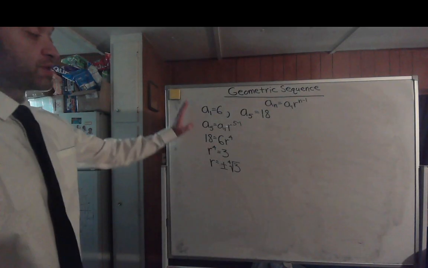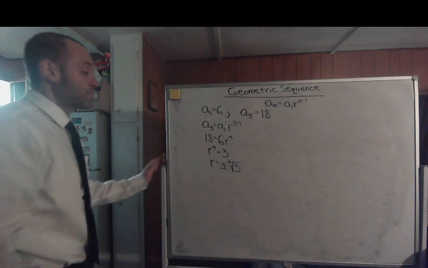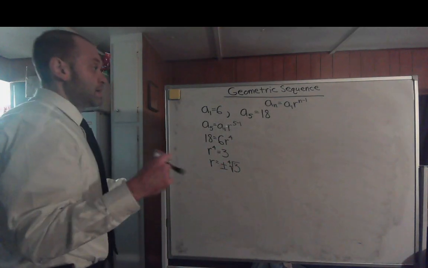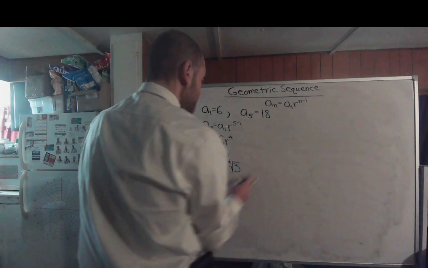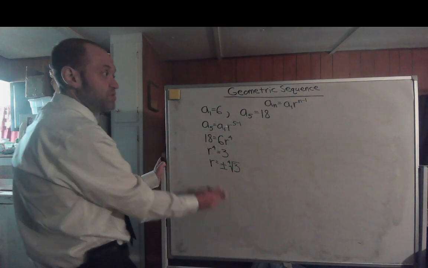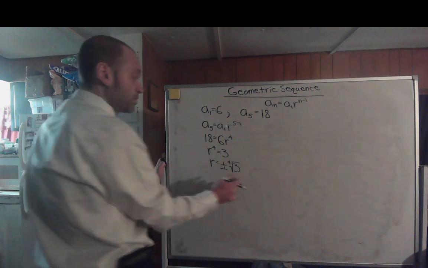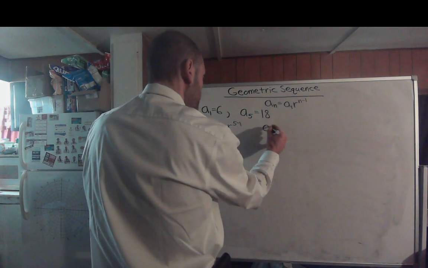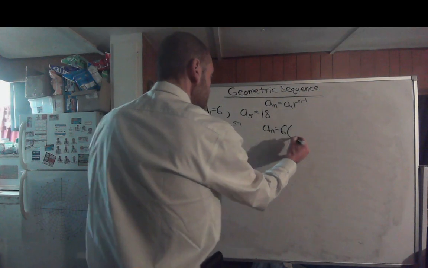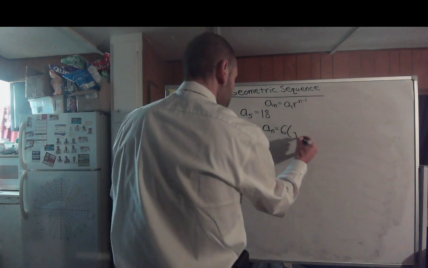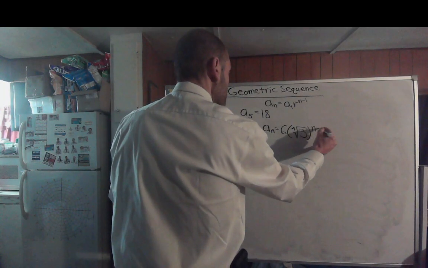But now that we know the common ratio, we have a hope of finding the explicit formula. So let's go ahead and do that. Since we have two common ratios, we're going to have two explicit formulas. So let's go based on the positive 4th root first. So a sub n is going to equal my a sub 1, which is 6, times my positive 4th root of 3 raised to the n minus 1 power.